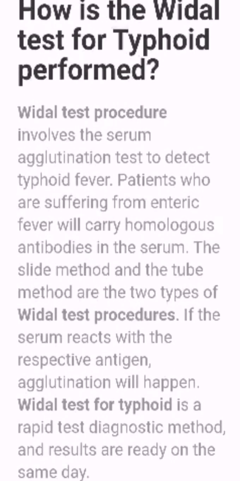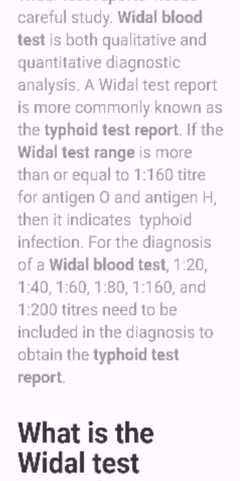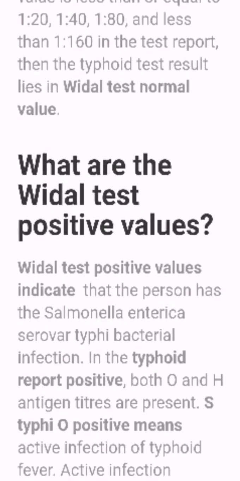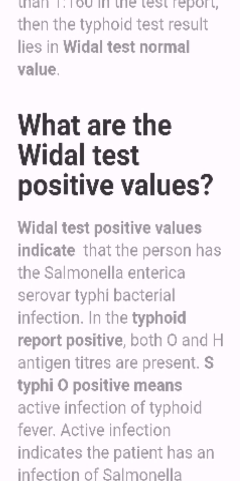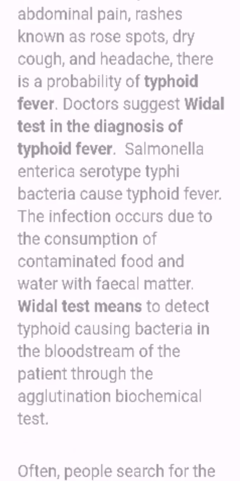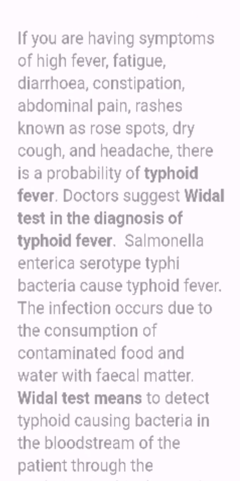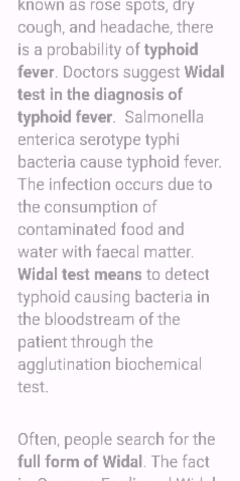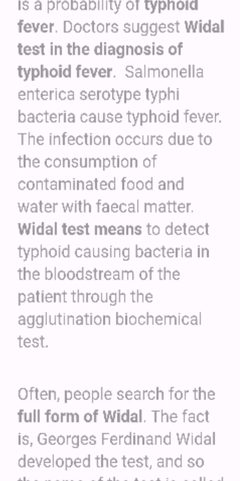How are the Widal test results for typhoid fever, and what are the Widal test positive values? Widal test positive values indicate the H and O antigen titers are present. The infection occurs due to the consumption of food and water contaminated with fecal matter.